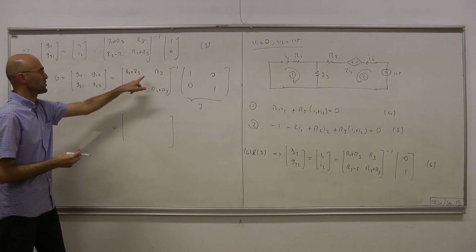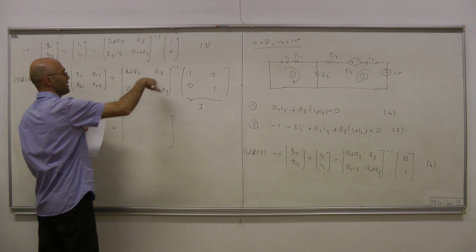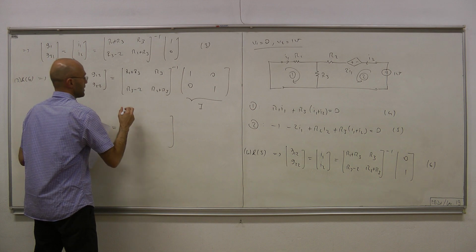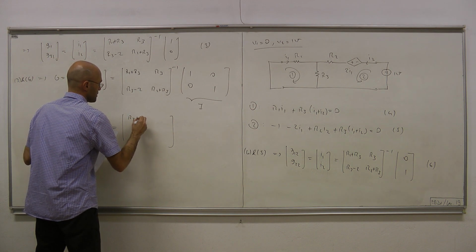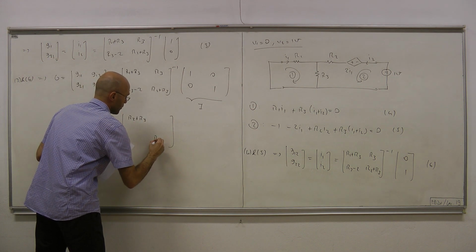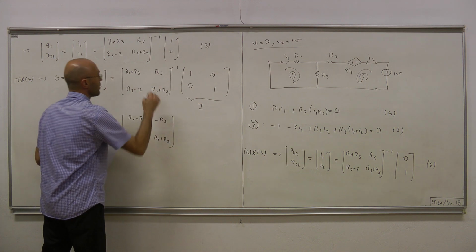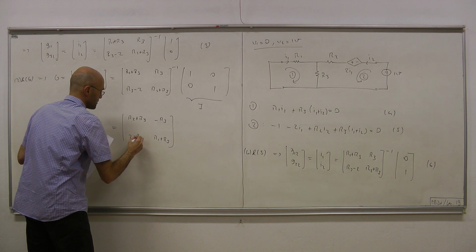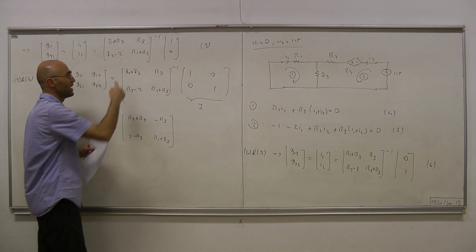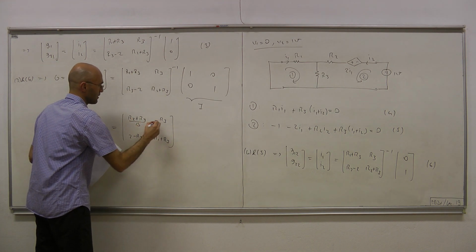So what's the inverse of this matrix? You swap the diagonal terms, R2 plus R3, R1 plus R3, negate the anti-diagonal terms, minus R3 and 2 minus R3, and you divide everything by the determinant, delta.